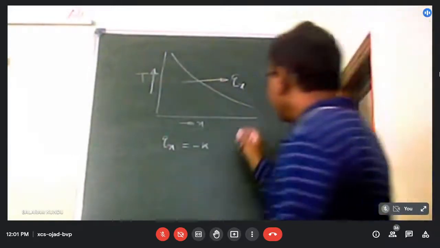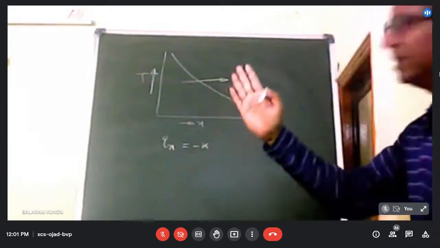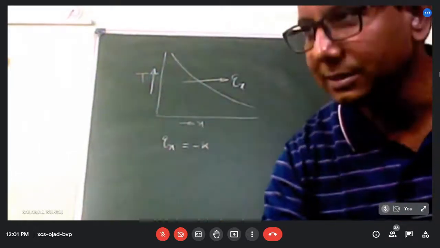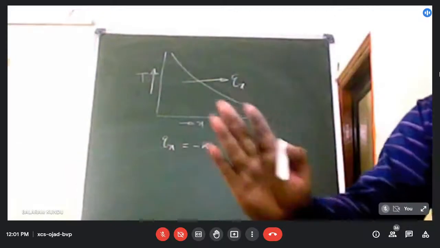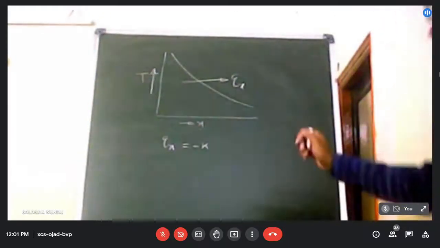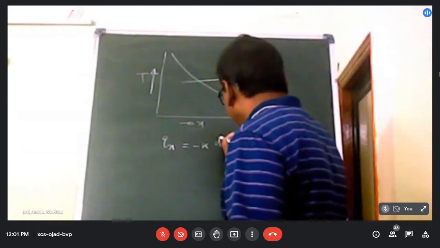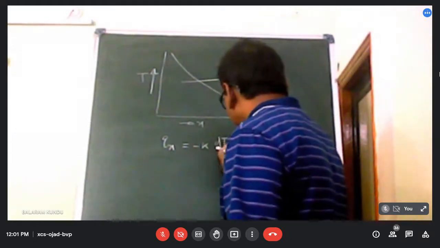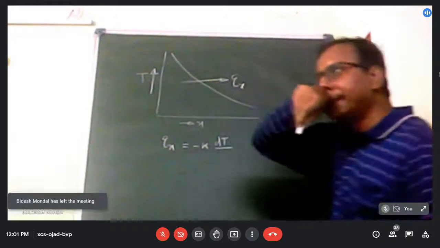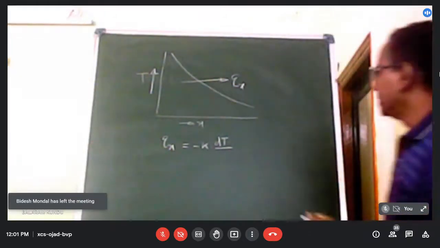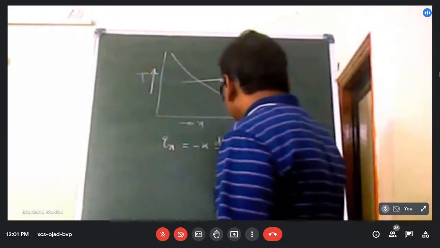So temperature gradient in the x direction, you know, here temperature is only function of x. As temperature is only function of x, instead of del, you can write here total derivative, so minus K into dT dx.